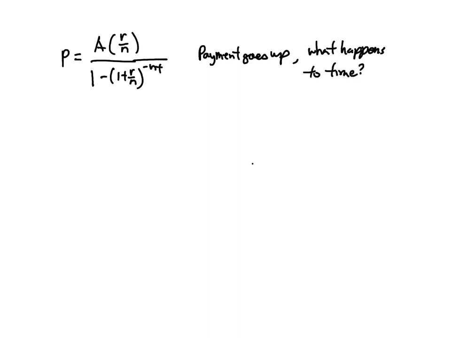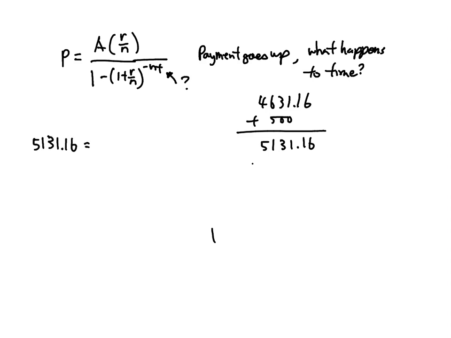So we're trying to figure out what the time would be. Let's plug everything in. We know the payment is $500 more, so instead of 4631.16, we add 500 to that. That's going to be 5131.16. So our monthly payment now is 5131.16.